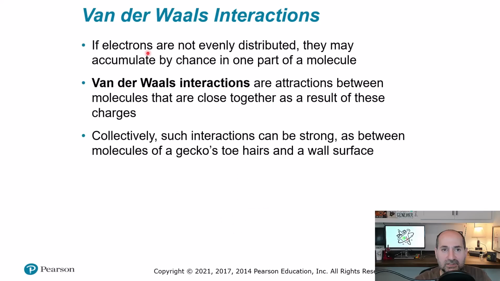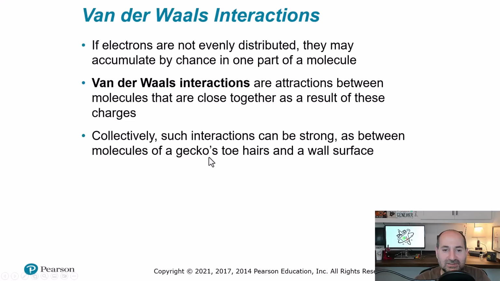Now, if electrons are not evenly distributed in a molecule, they may accumulate by chance in one part of a molecule. And we can see that this can cause weak interactions called van der Waals interactions, interactions between molecules that are close together as a result of these charges, these partial charges.